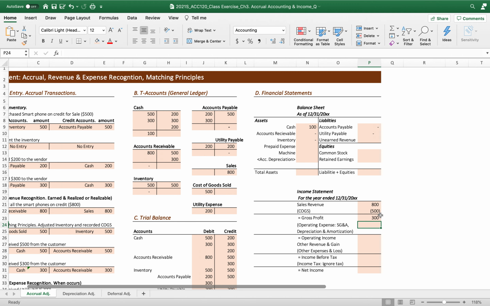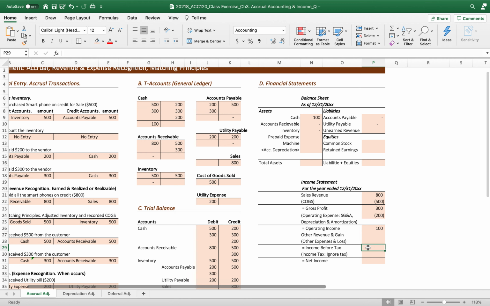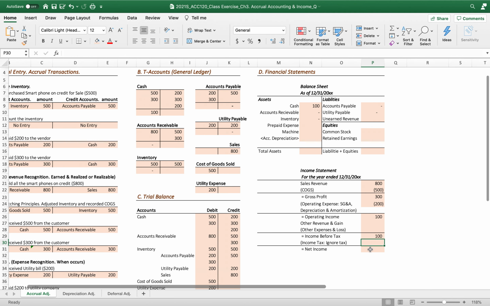And then utility expense, assuming that we have only one utility expense, because it is an expense, it should be negative. So parentheses mean negative. Then operating income after subtracting this from the gross profit is 100. There's no other revenue and gain or other expenses or loss. So the income before tax, okay, let's just ignore tax. So net income is 100.